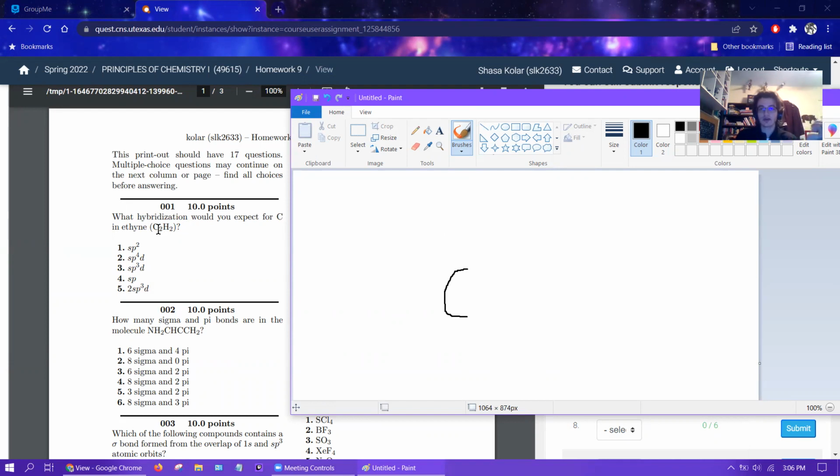Now the C atom needs 8 electrons in its valence shell, which would be sp3. But because carbon can make double bonds or triple bonds with other carbons, we have to find what it looks like.